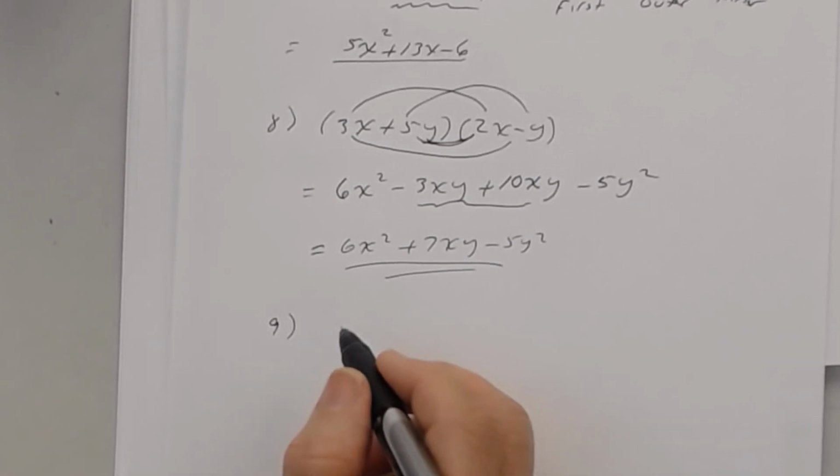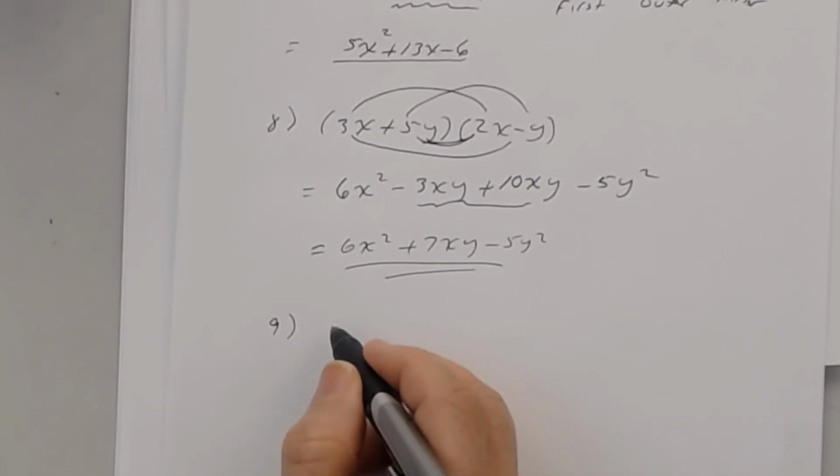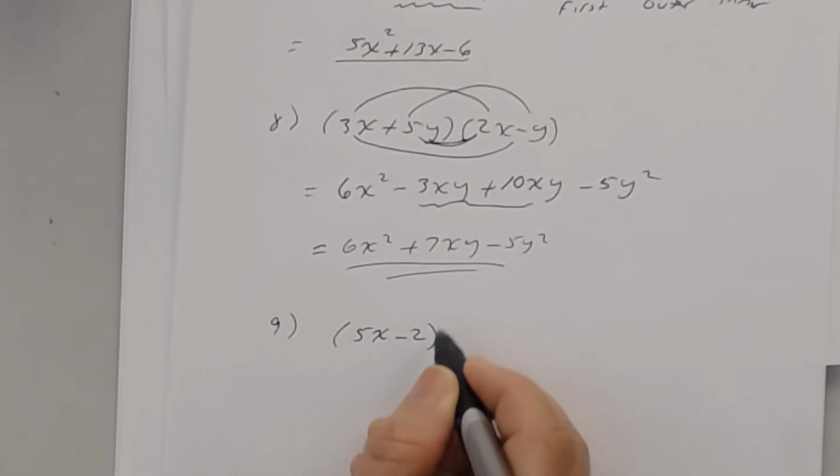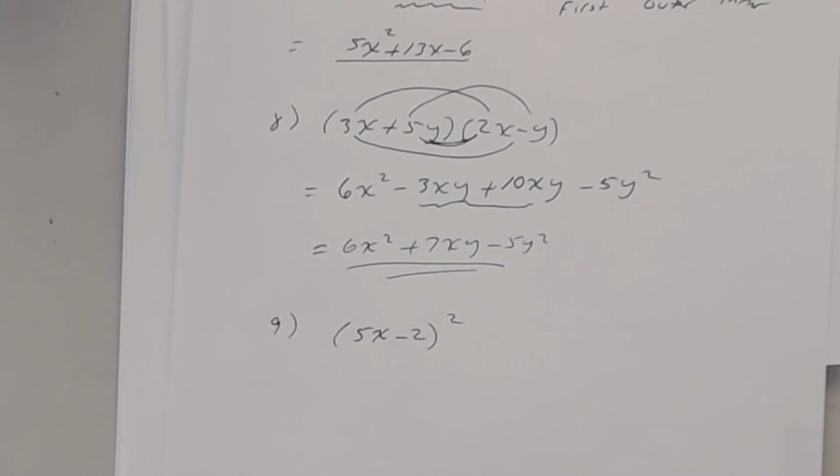Number 9. All right, number 9. We have 2 left. So it's number 9. 5x minus 2 squared. So this time I'm squaring this binomial. What'd y'all do? You just write it again.